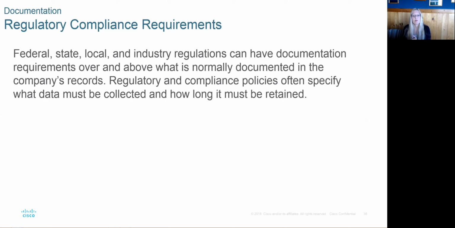So some of the regulations may have implications on internal company processes and procedures. Some may require extensive record keeping regarding how the data is accessed and being used. And you need to make sure that you're complying with those laws and regulations, because if you don't, there could be severe consequences, including fines, termination of employment, or even incarceration of offenders.